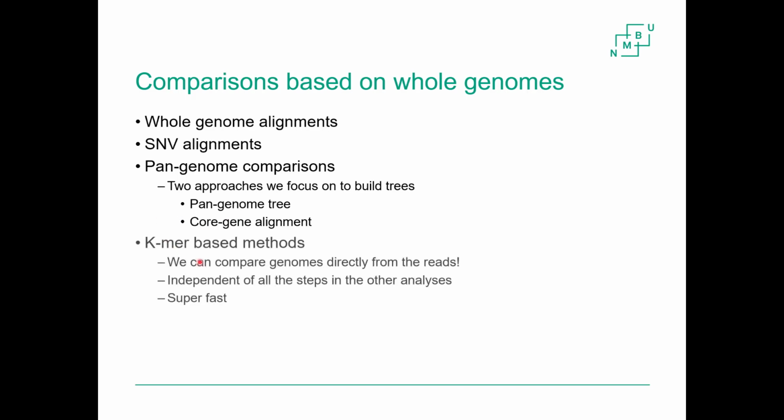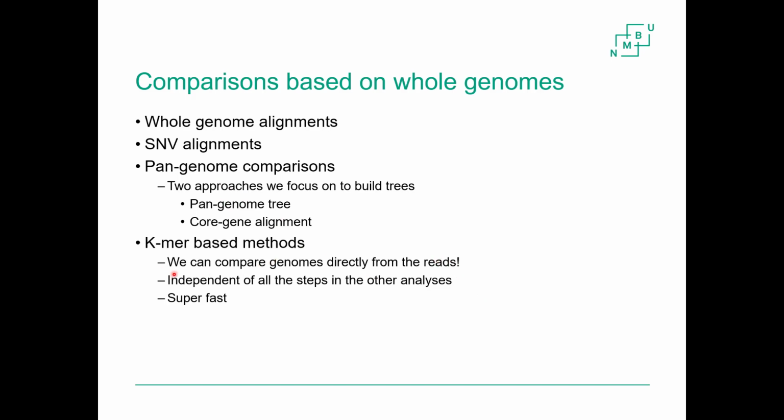The other sort of focused approach to comparing the whole genomes is by using these K-mer based methods. And the big advantage here, I would say, is that you can compare the genomes directly from the reads. You don't need to do all the steps that we need to do before we come to these comparisons, because there are many steps.